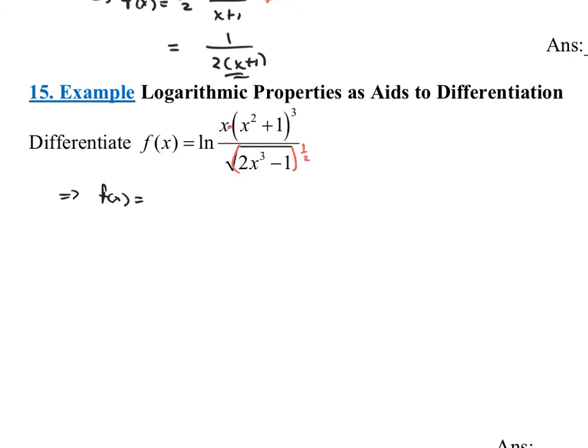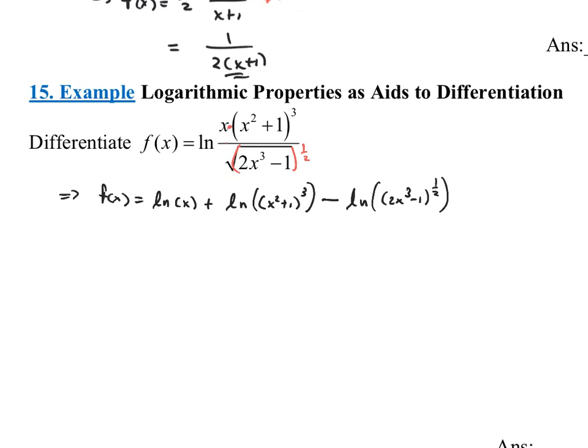So really, this is the natural log of x plus the natural log of x squared plus 1 quantity cubed, because it's multiplication, you have addition. Then because it's division, you have subtracting the natural log of 2x cubed minus 1 raised to the 1/2 power. So all that's using is multiplication separates to addition and division separates to subtraction.